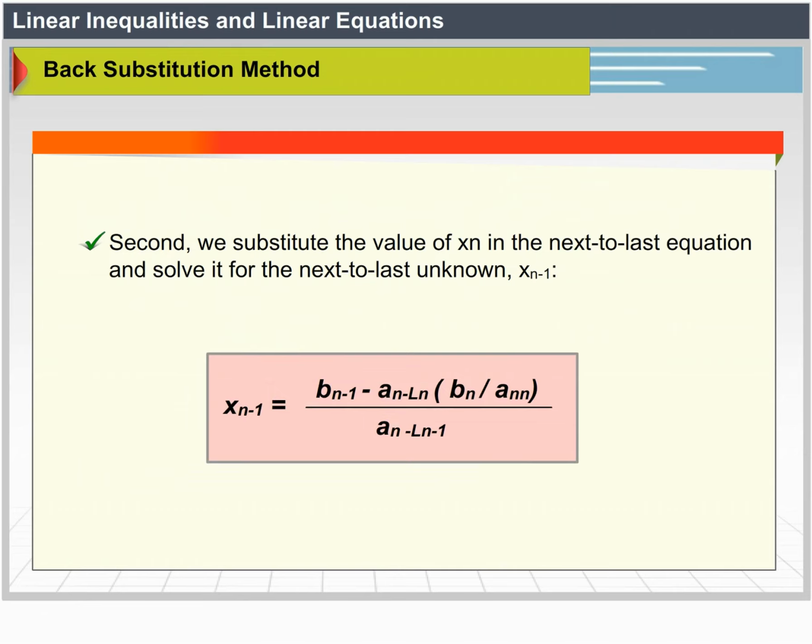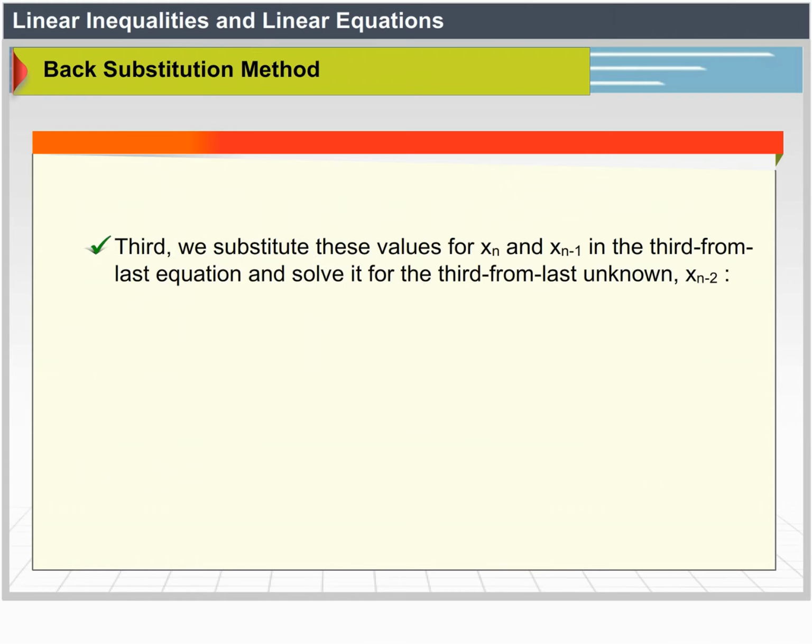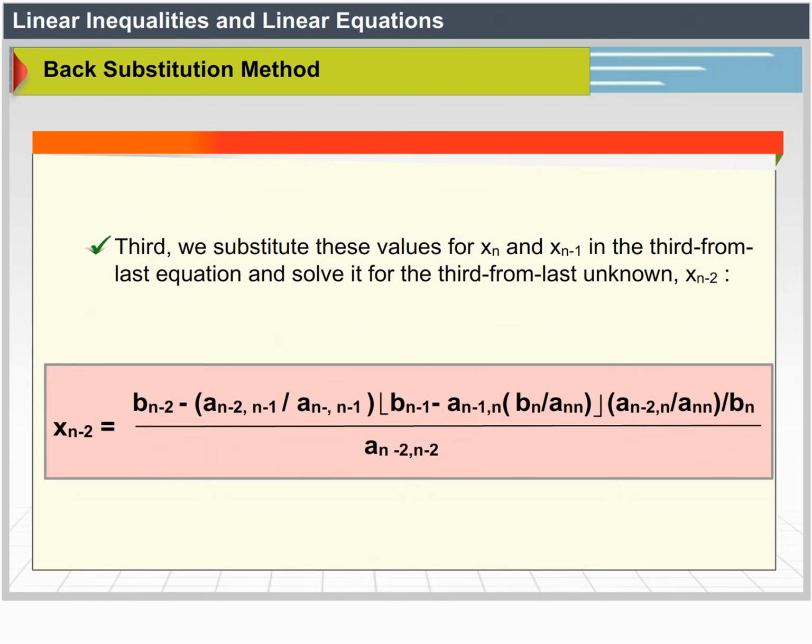xn minus 1 is equal to bn minus 1 minus an minus 1 comma n times bn by ann, divided by an minus 1 comma n minus 1. Third, we substitute these values for xn and xn minus 1 in the third from last equation and solve it for the third from last unknown xn minus 2, as shown here.